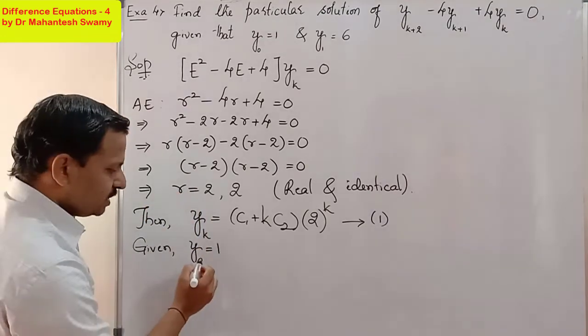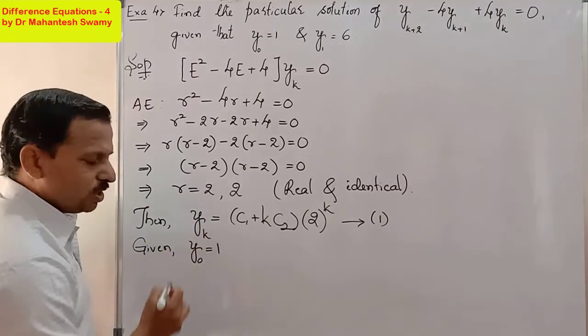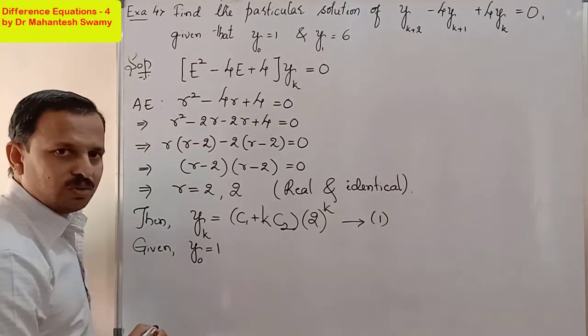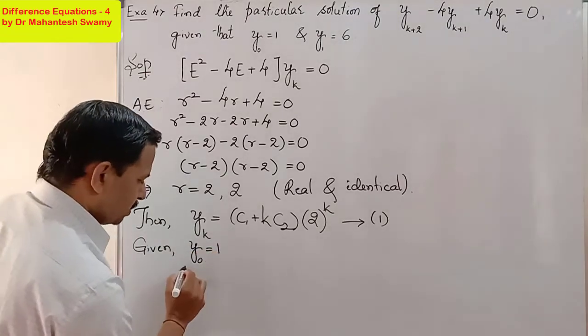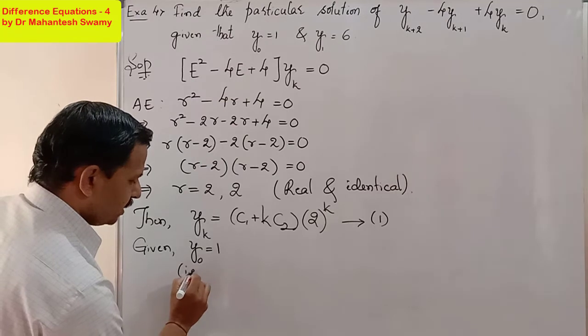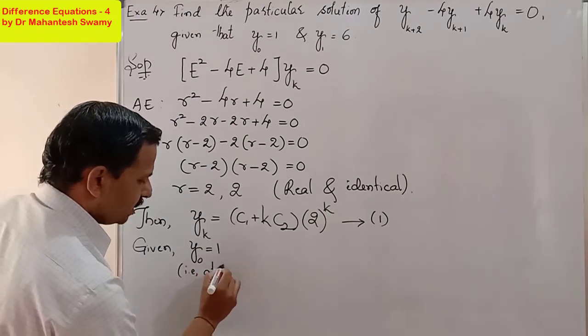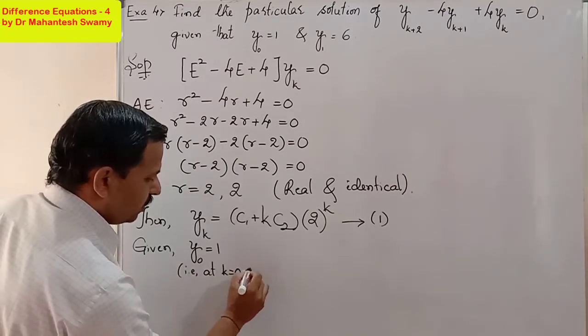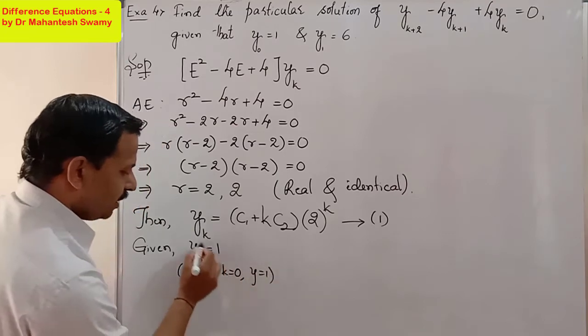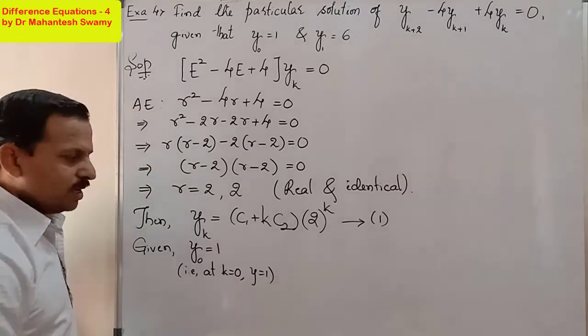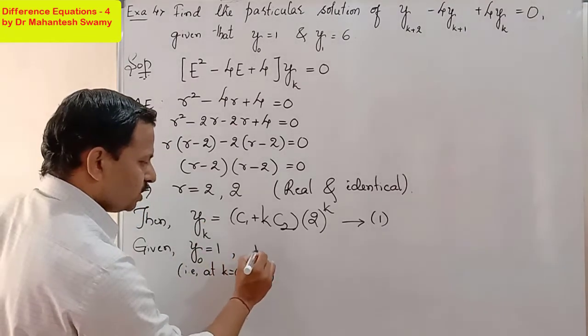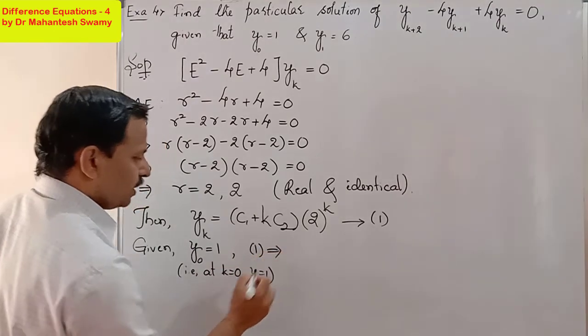What is the meaning of this? When k is equal to 0, y is equal to 1. We should understand here that at k = 0, y = 1. So let us substitute this into equation number 1.